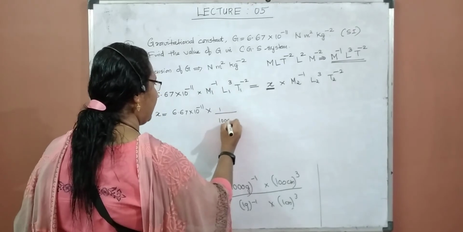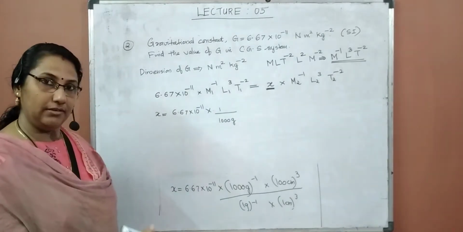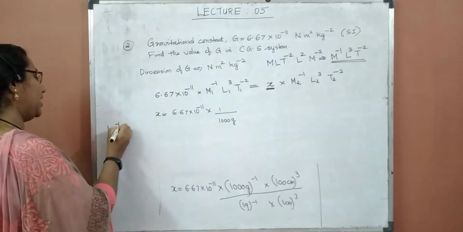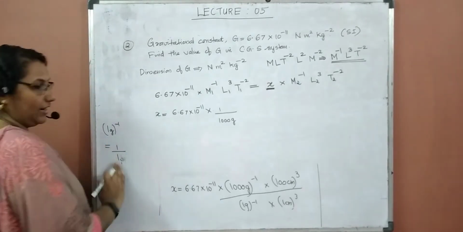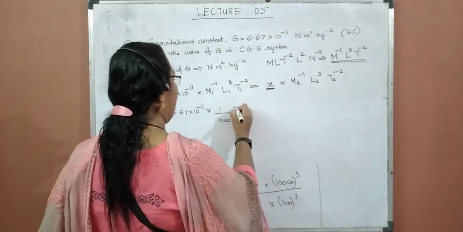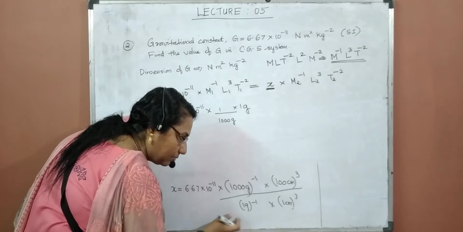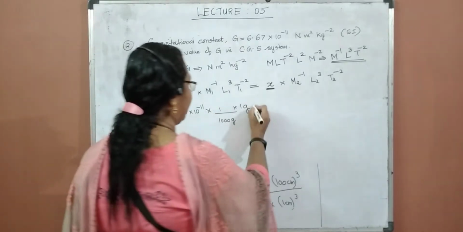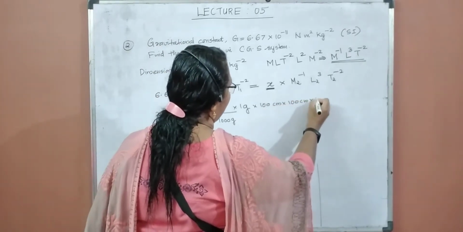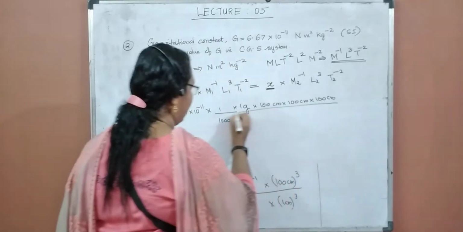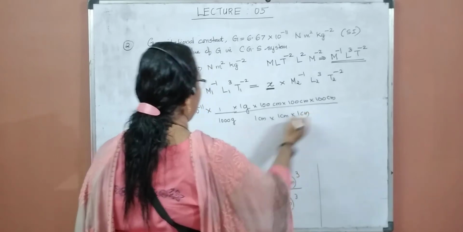1 by 1000 gram. And in the denominator there is 1 gram raised to minus 1, which is equal to 1 by 1 gram. That on the denominator becomes 1 by 1 gram, and on the numerator, into 100 centimeter into 100 centimeter into 100 centimeter by 1 centimeter into 1 centimeter into 1 centimeter.